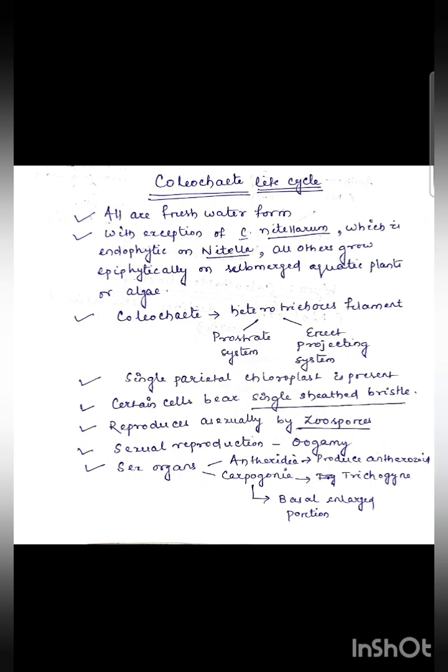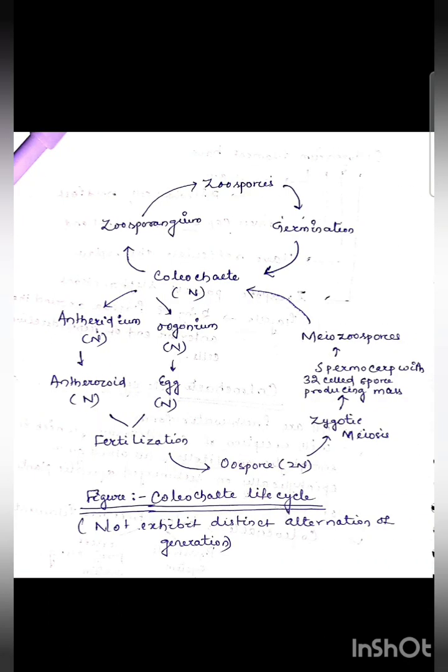They reproduce asexually by zoospores. Sexual reproduction occurs by oogamy. Sex organs are antheridia, which produce antherozoids or sperm cells, and carpogonia, which are the female sex organs. Carpogonia have a basal enlarged portion and a trichogyne. Then the life cycle of Coleochaete. Coleochaete asexually reproduces by zoospore formation.